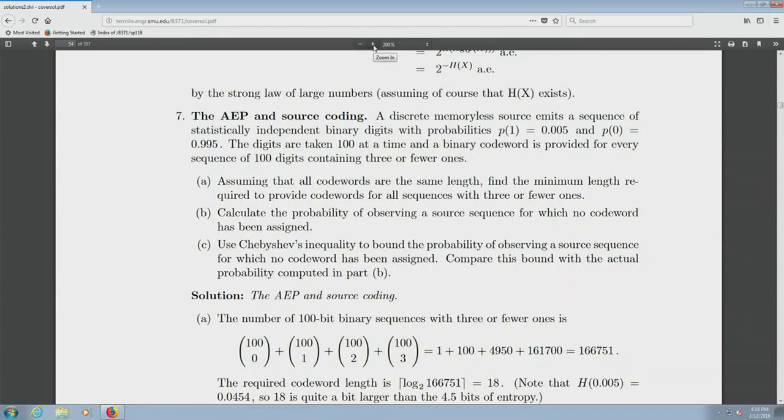4,950. Well, he says 100 here, that, and that. Right. So these are how many words. Right. Now the question is, what's the size of the word that can take care of 166,000?